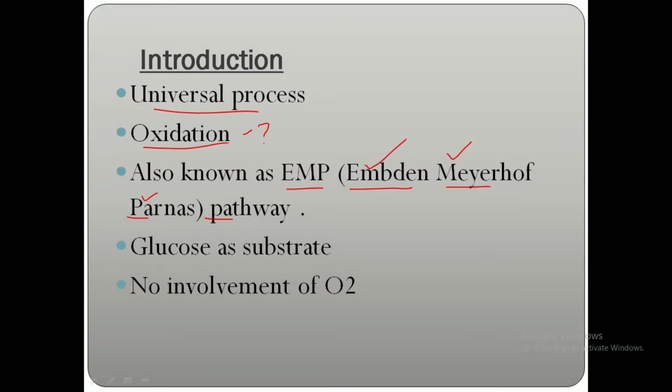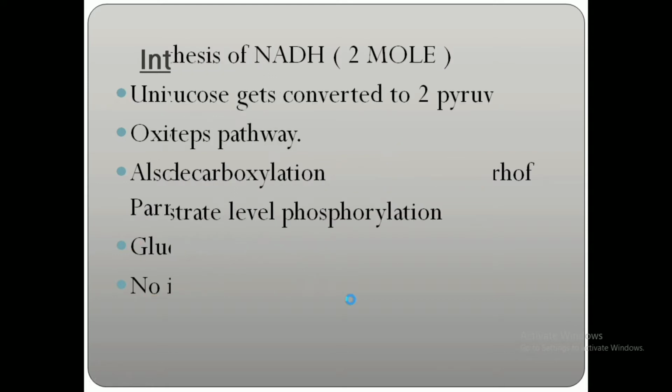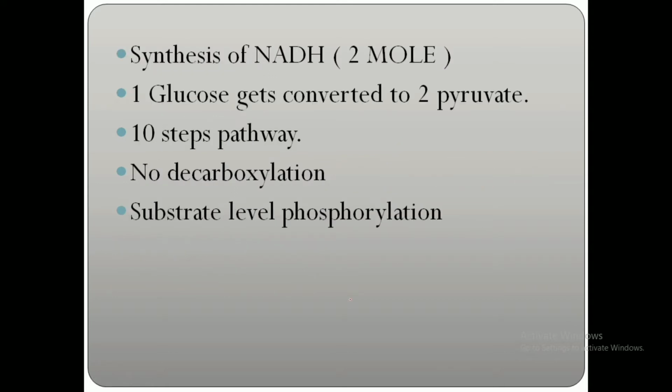In this process, we use glucose as the substrate. Substrate means something which is used at the initial step. So we are using glucose as a substrate, and there occurs no involvement of oxygen. That is the reason why it is found in both the aerobic and the anaerobic organisms.